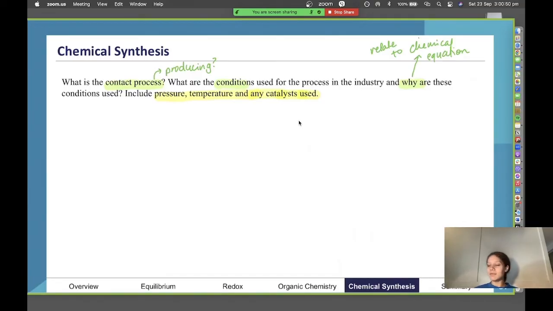Because if you write a massive paragraph, it doesn't matter if you write 1,000 words on the contact process, if you don't mention exactly what the marking criteria wants you to address, then you're not going to be assigned any marks. So hopefully you've had a chance, or if you haven't, this holiday time leading up to externals is a good time to start looking at the practice papers and the marking guides. Once you do a practice paper, have a look at the marking guide and pay attention to how they allocate each individual mark.